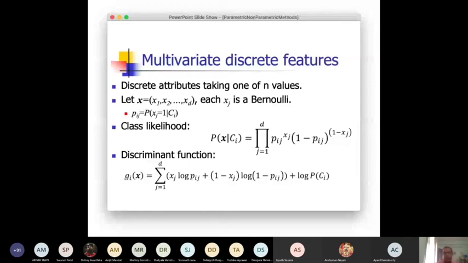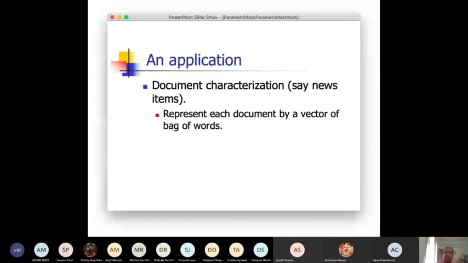So let me discuss one such application. Consider a document characterization, say news items. You represent each document by a bag of words vector. That means each word denotes a dimension, and the presence of that word in the document is either present or absent.